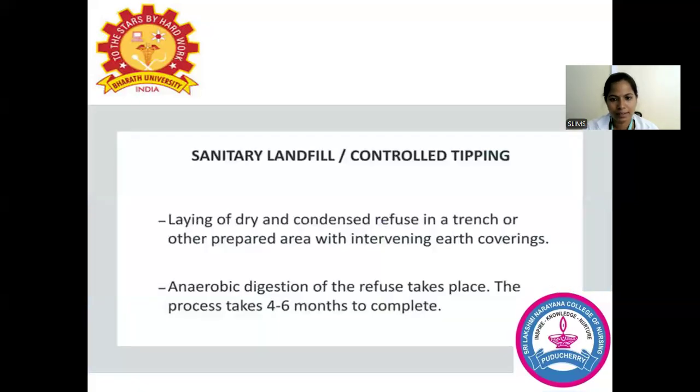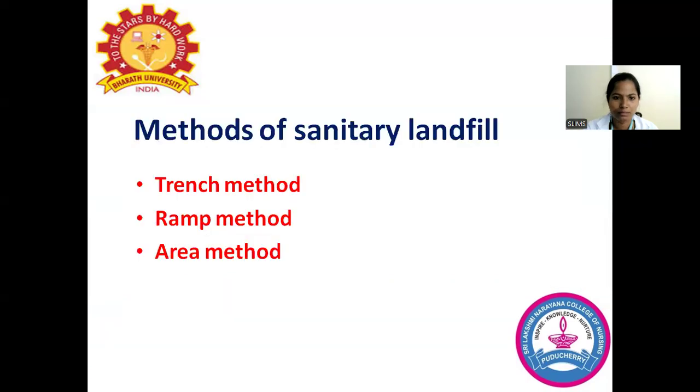Sanitary landfill is also called controlled tipping: laying of dry and condensed refuse in a trench or other prepared area with intervening earth covering. The anaerobic digestion of the refuse takes place for a period of about 4 to 6 months. After that, it will serve as a plant nutrient. So this is sanitary landfill.